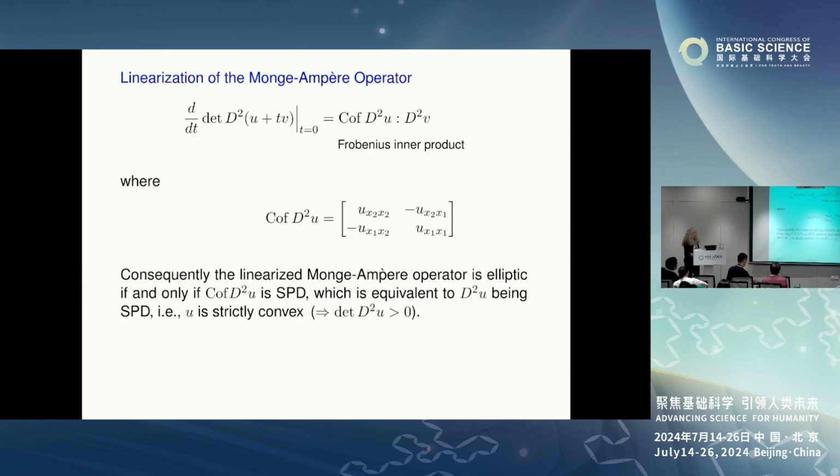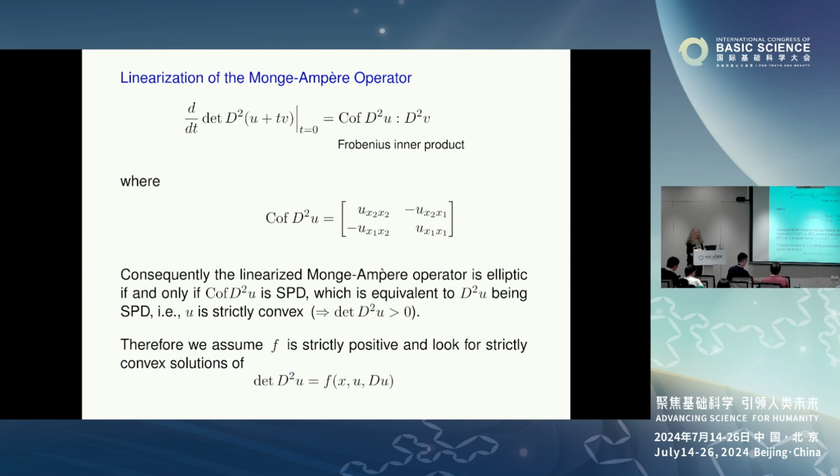Therefore, the linearized Monge-Ampere operator is elliptic if and only if u is strictly convex. So we assume that f is strictly positive and look for strictly convex solutions of our Monge-Ampere equation.